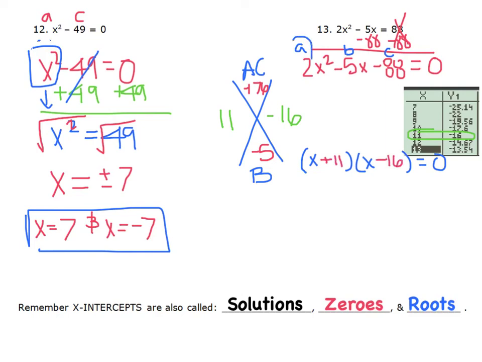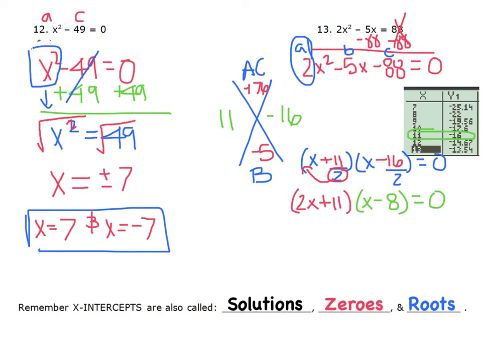Remember, now I look at my lead coefficient, which is a, divide the numbers by 2, and reduce. Can we reduce 11 divided by 2? No, you cannot, so you take that denominator and move it in front. So we get 2x plus 11. But on the other one, negative 16 divided by 2 does reduce. So we get x minus 8.